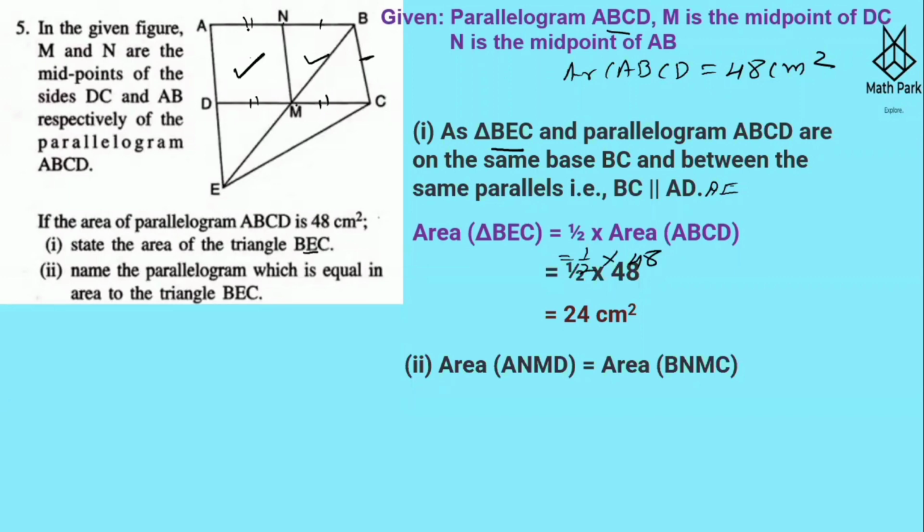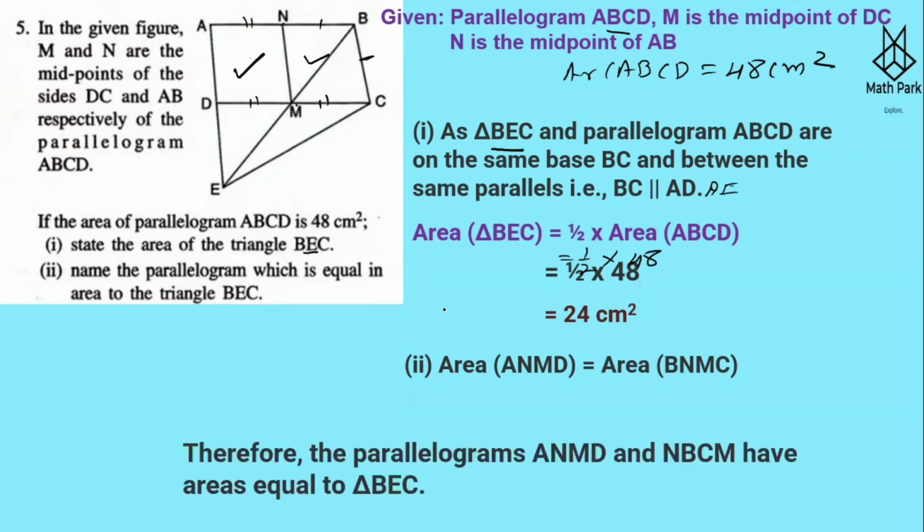Each of these parallelograms is half the area of ABCD, and we have already shown the area of BEC is half the area of ABCD. So the parallelograms ANMD and NBCM have equal area to triangle BEC. Got it?